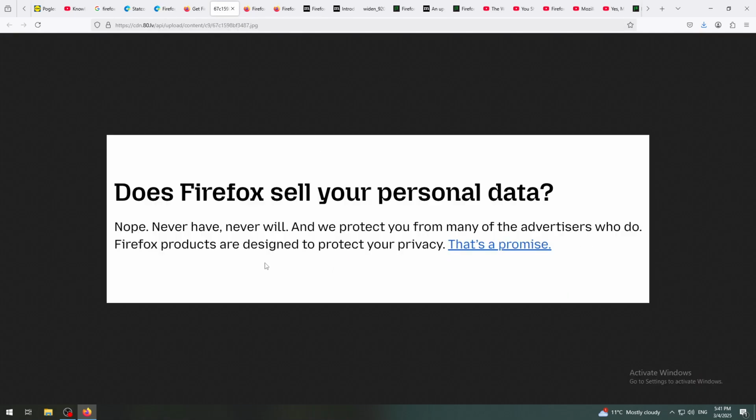But the problem, as I said, is that this statement is no longer available. It's not on the Firefox site, the Mozilla site anymore. It was there, now they removed it, and again, it's up to you to draw a conclusion from it. You don't have to be Sherlock Holmes to understand that if someone removed this, I will never sell your data, then that means they're going to sell it or they are selling it now.